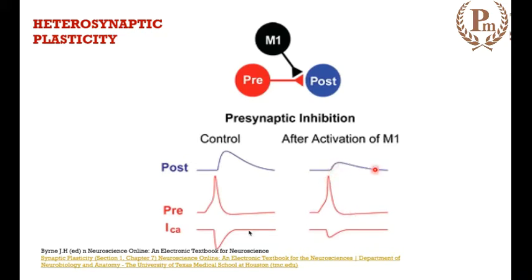A smaller response of EPSP. And what is the reason for this? A decrease in the conductance of the calcium ion at the presynaptic end due to the inhibition by this modulatory neuron. So this is the example we have already learned as presynaptic inhibition. You can fit it here as heterosynaptic plasticity, an example of synaptic depression.